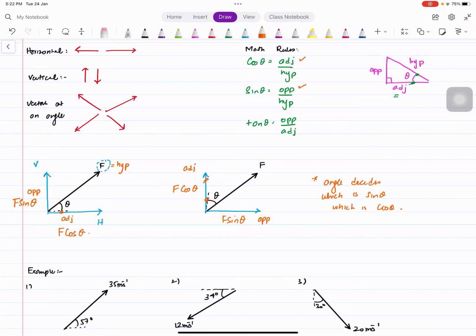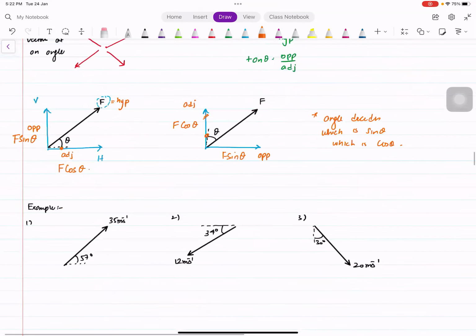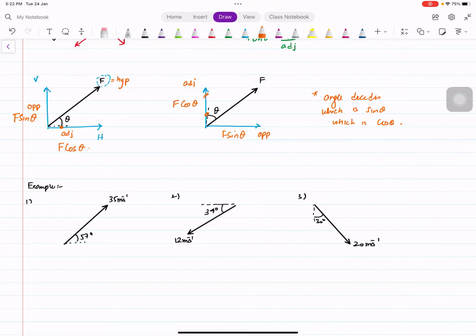All right, now the very first thing you're going to do is learn how to break vectors. So for example, in this example, you might see 35.